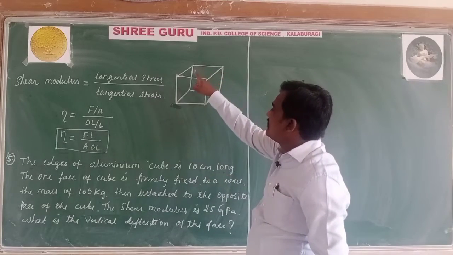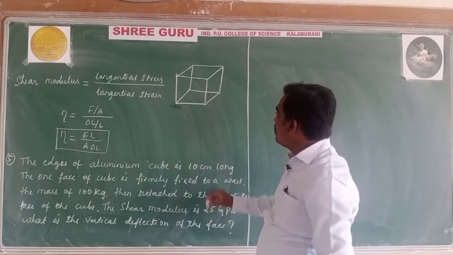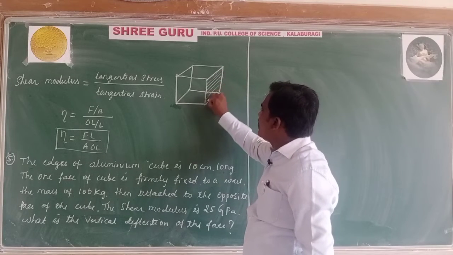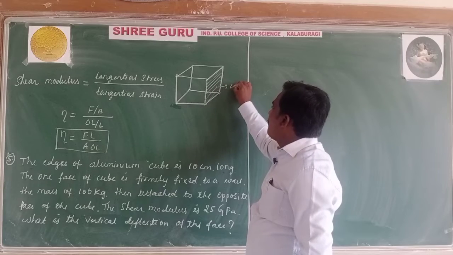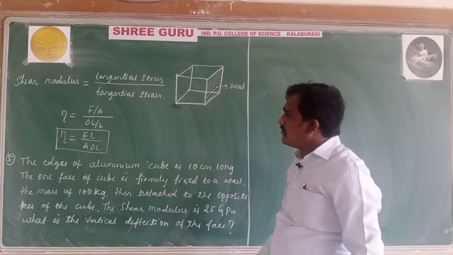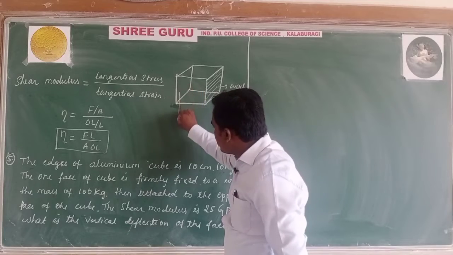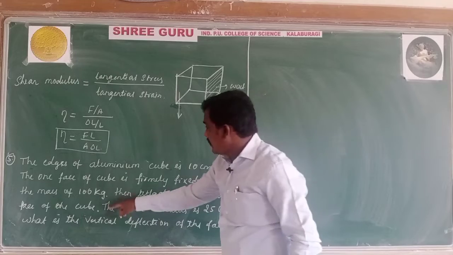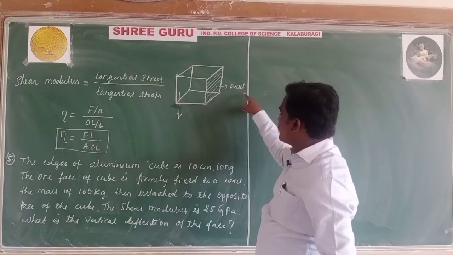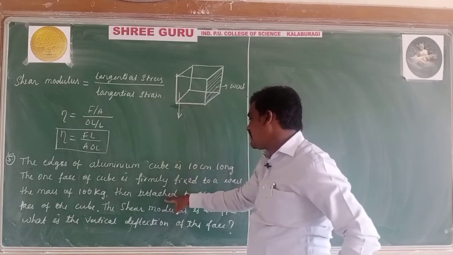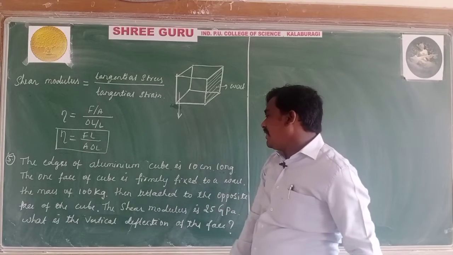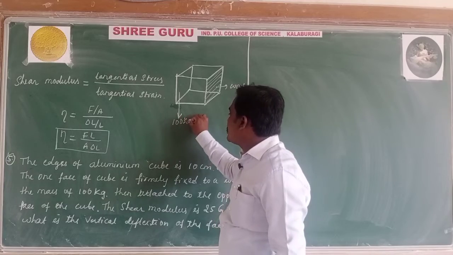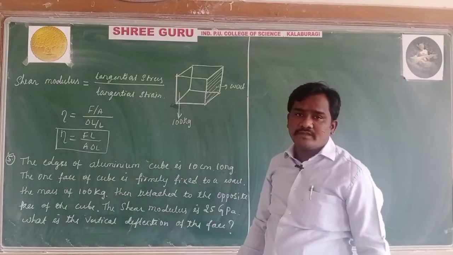One face of the cube is firmly fixed to the wall, and a load of 100 kg is attached to the opposite face of the cube.